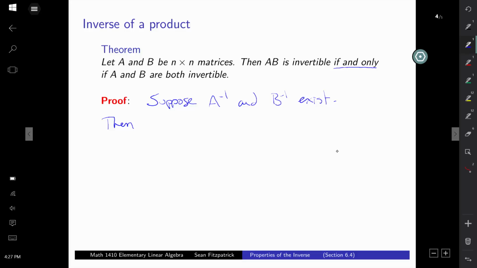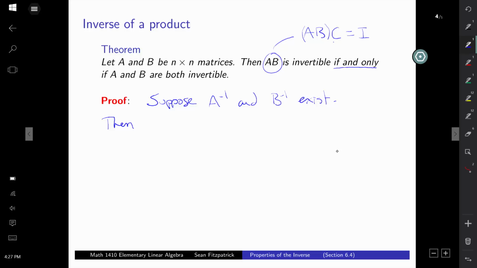How do I show that A times B is invertible? I need to come up with some other matrix C so that AB times C gives me the identity. The invertible matrix theorem says if I can find a C which does this job, then immediately I know that A times B must be invertible.